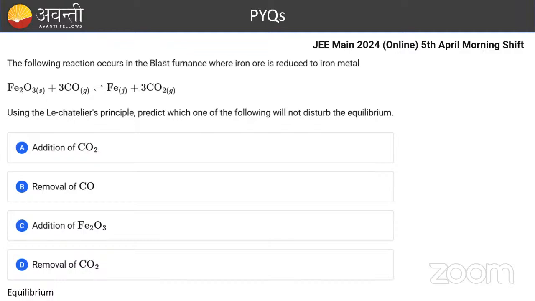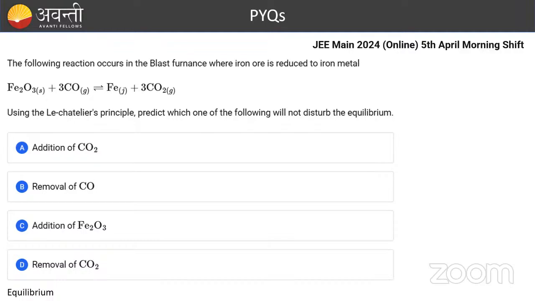This is a question from the factors affecting Le Chatelier's principle. The factors which mainly affect the equilibrium are concentration, pressure, volume, and addition of inert gas.